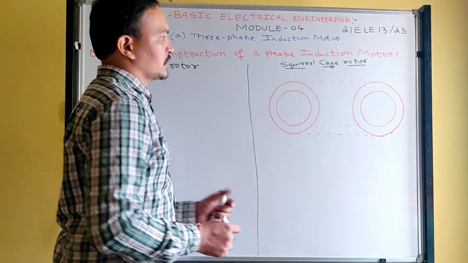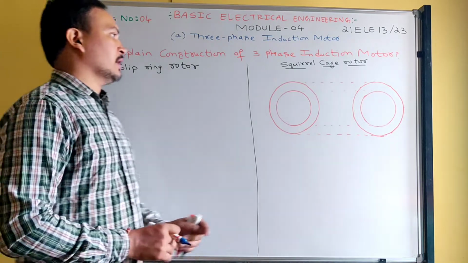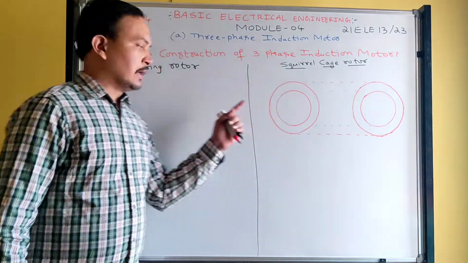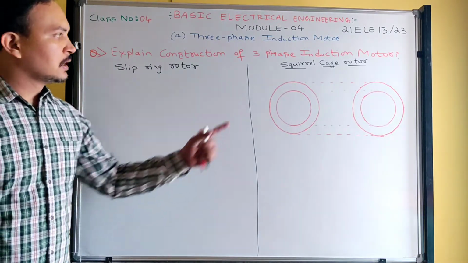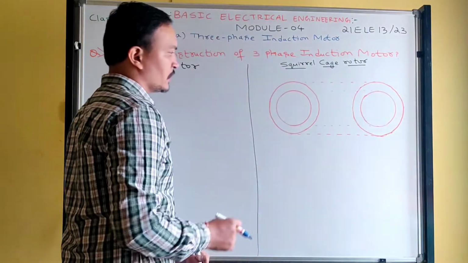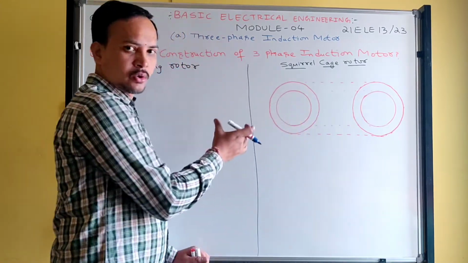Okay guys, next we can look into the rotor construction. See, rotor construction has two types. One is called squirrel cage and another one is called slip ring rotor. Okay, we can see this later. We can discuss squirrel cage rotor first. Okay, see, this is a rotor. This part is a rotor.